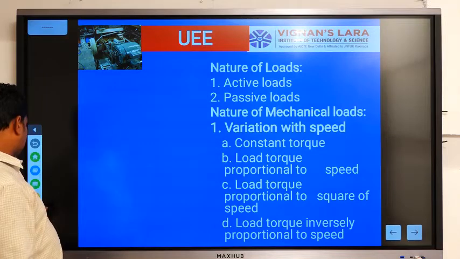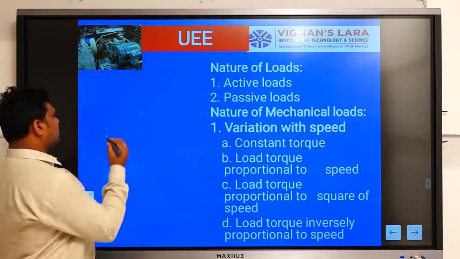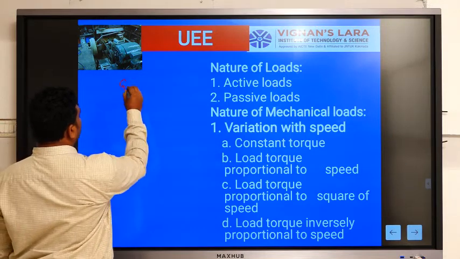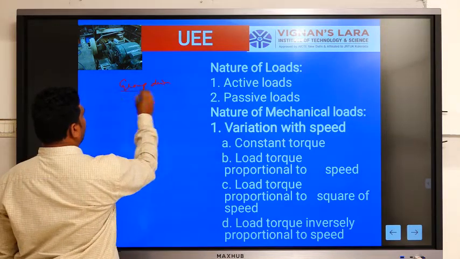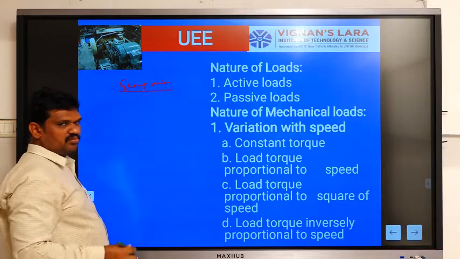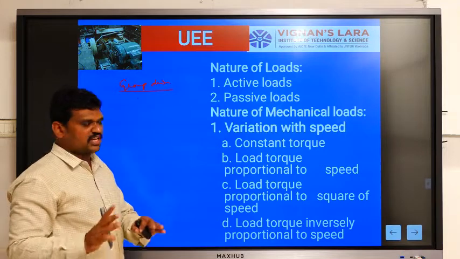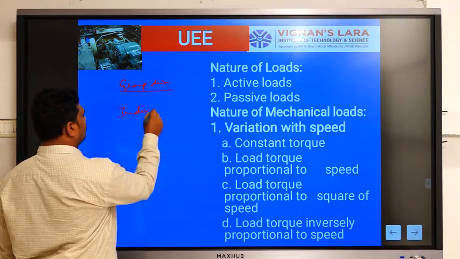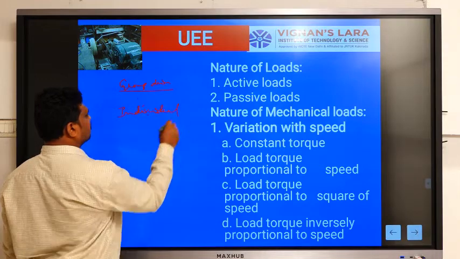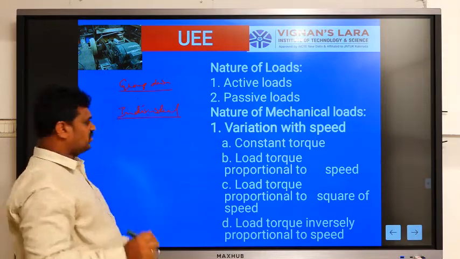Up to now we know the different types of drives. The first is group drives. It has more disadvantages than advantages. The only advantage is economical. The second one is individual drives. In individual drive, each motor drives one machine.